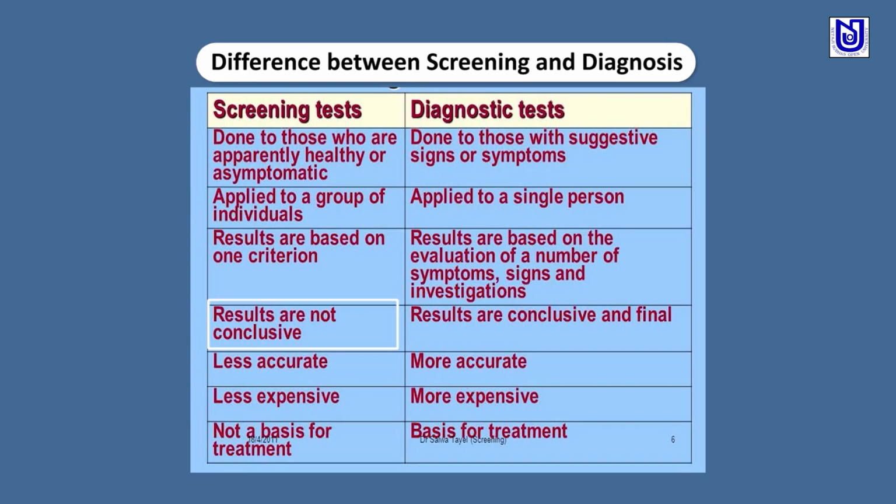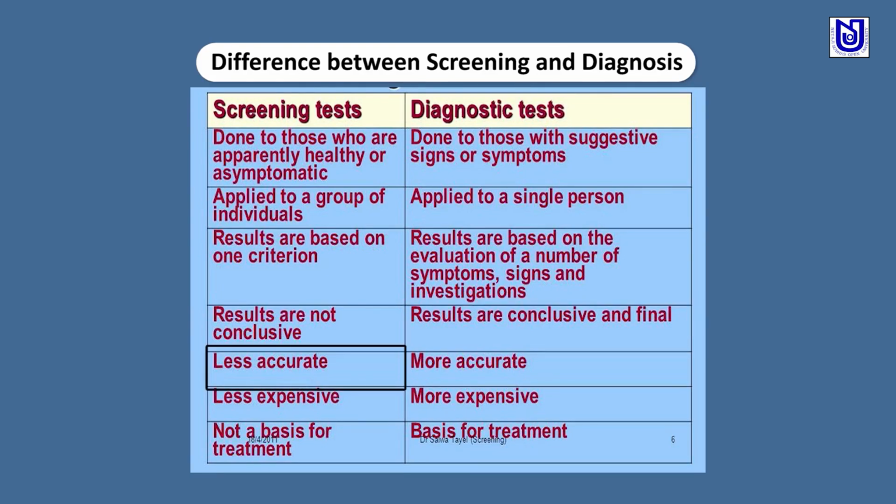When we are just screening, we see some symptoms that our child shows in the classroom. On that basis, we can't label that child as a child with dyslexia or some other problem. Whereas in a diagnostic test, results are conclusive and final.